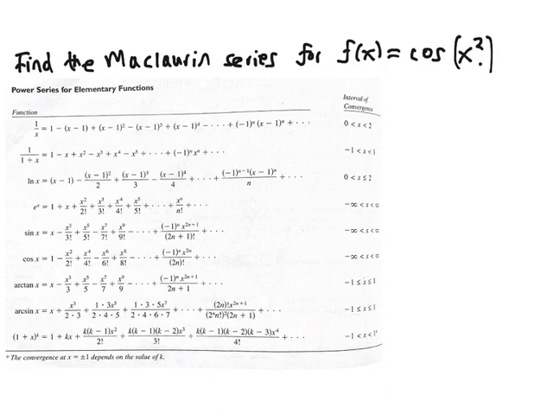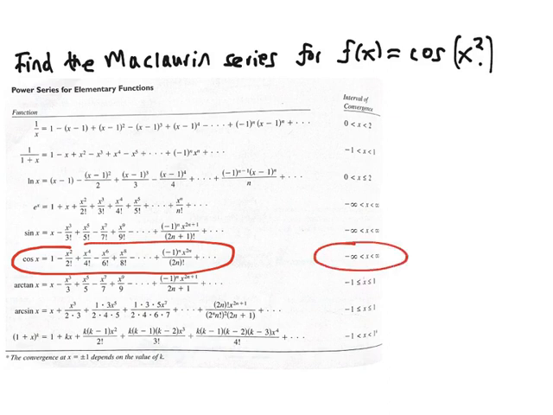So here we have the power series for cosine x. The interval of convergence is all real numbers. And we're going to go ahead and write that down here for our reference.